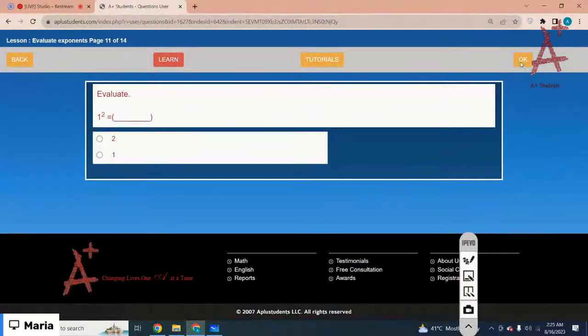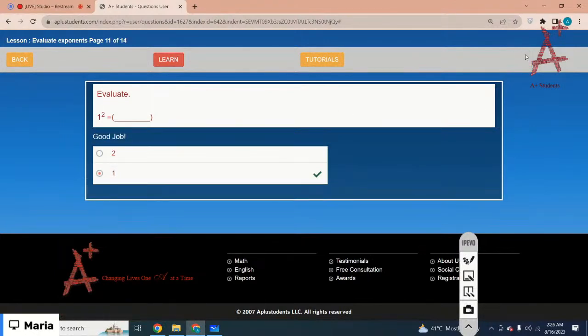Okay, the next one is 1 square. So which is the correct option? Yes, 1 exponent 2 is 1. No matter what the exponent is, 1 to any exponent equals 1, right?